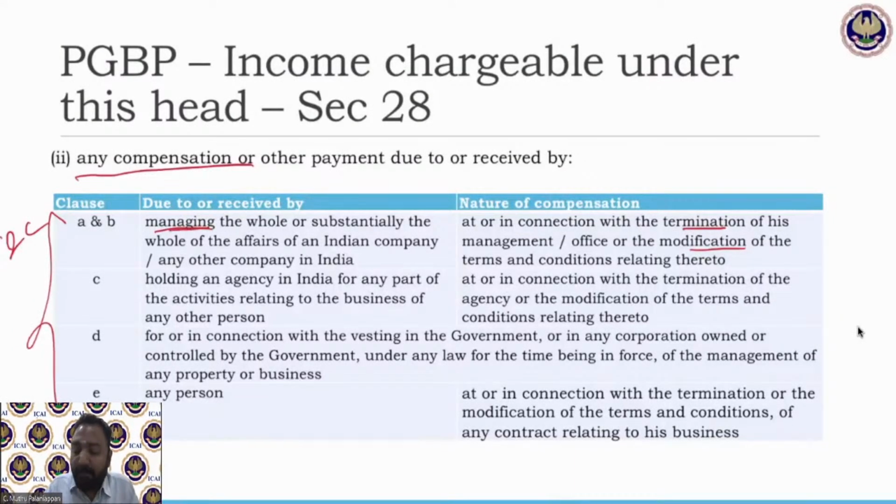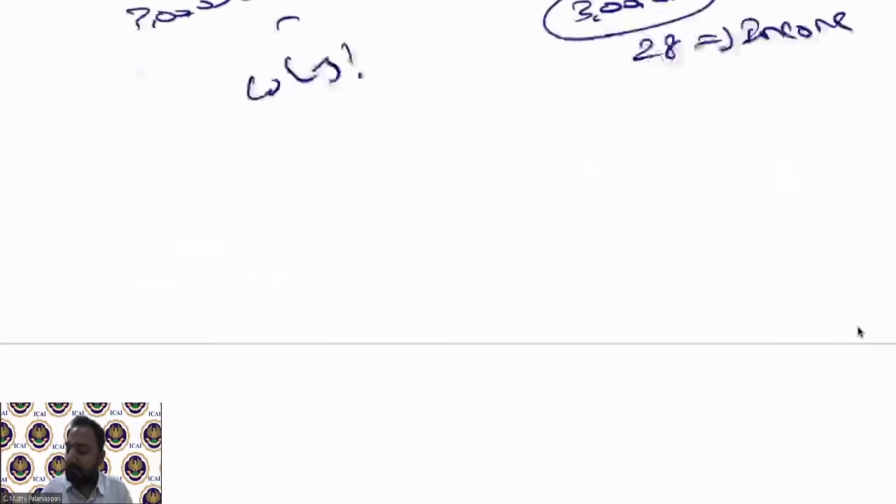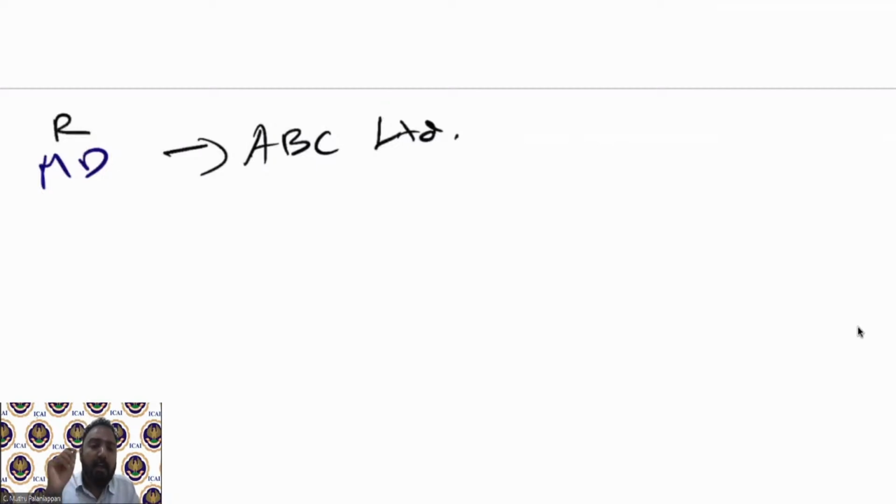Basically, when a person who is managing, let's say a managing director, is receiving money. We'll take an example of someone called MD. MD of ABC Limited. Let's say his name is R. So ABC Limited MD is R.